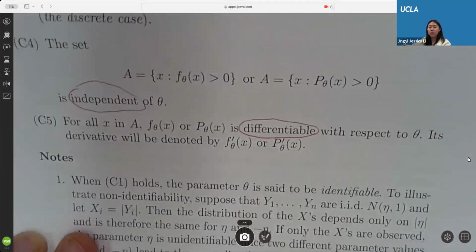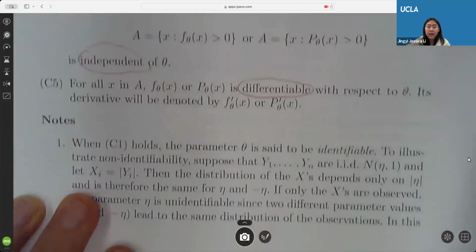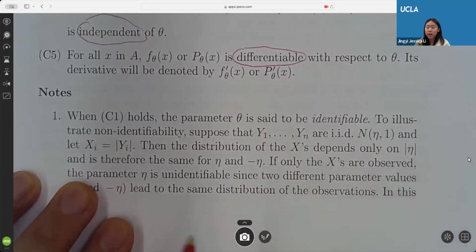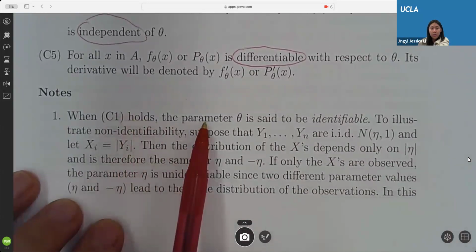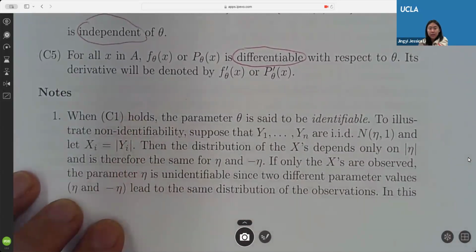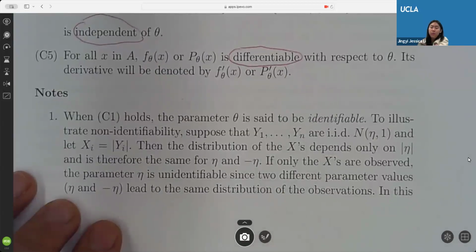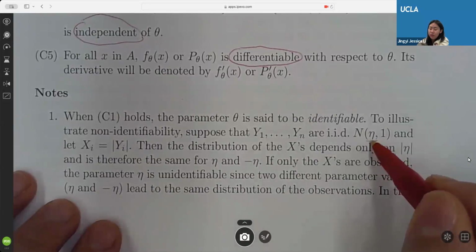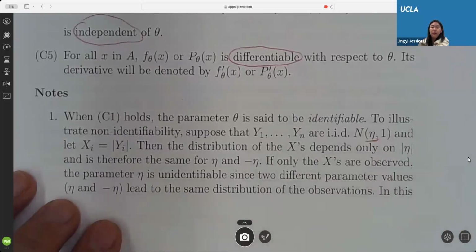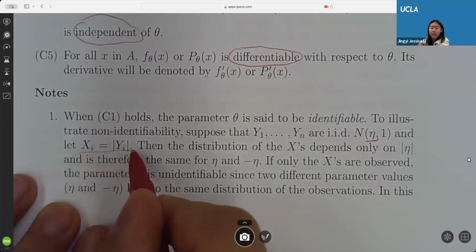Okay, so these are the 5 conditions we need, and let's look at the intuition. C1, identifiability. When C1 holds, the parameter theta is said to be identifiable. To illustrate non-identifiability, here is one counterexample. Suppose that y1 to yn are IID normal with parameter of interest eta, and we don't observe yi, we observe its absolute value, xi.